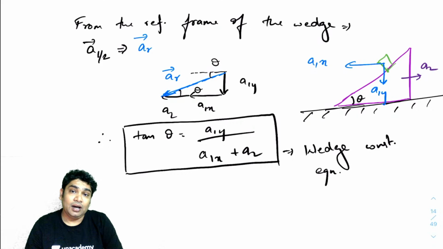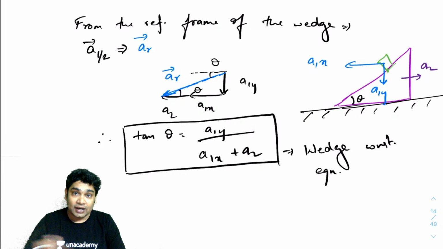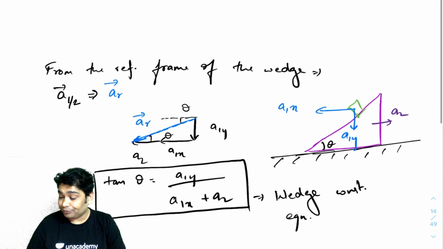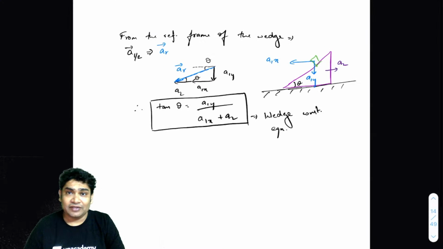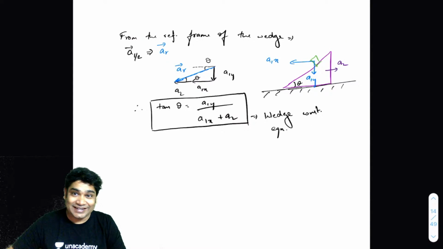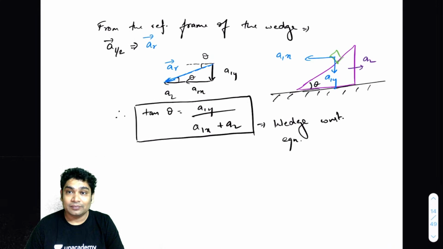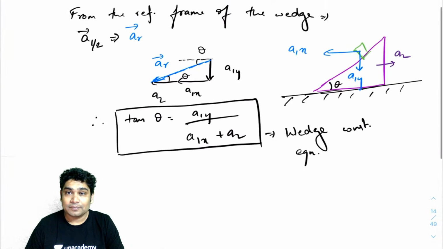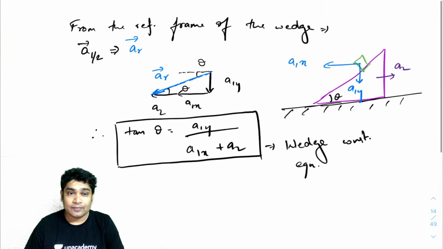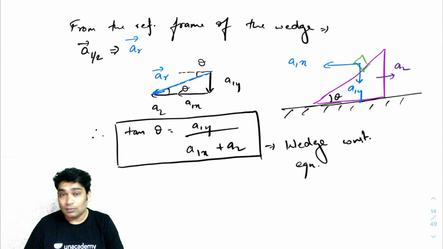So there will be one equation which will relate the different components of the accelerations of the two blocks connected, or whatever body is connected or moving in contact with the wedge. Okay. So if there is any doubt about how I got this equation, then let me know. Otherwise, we can move forward. Okay. Is that clear?